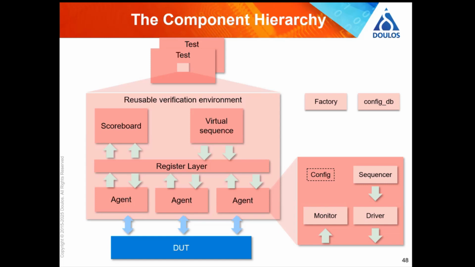ConfigDB is a way of configuring the test bench, either for your particular DUT or for that particular test. The number of transactions you generate, the type of transactions you generate, the width of whatever. It's a database that you write into from high level up, probably the test, and the different components read out of. And then finally, factory.